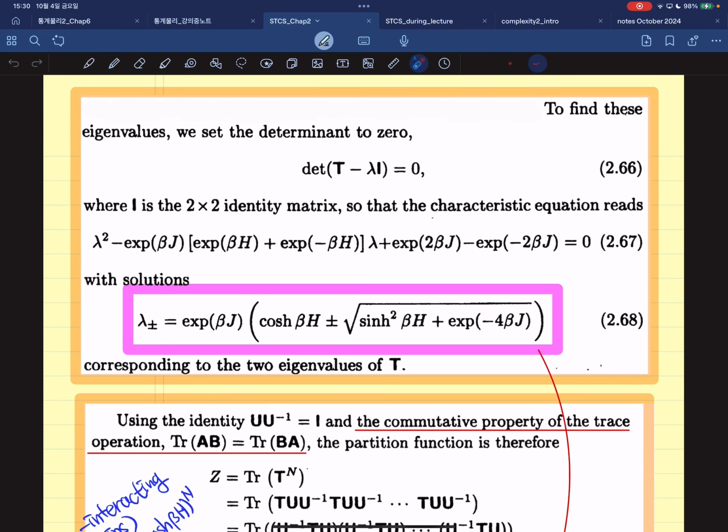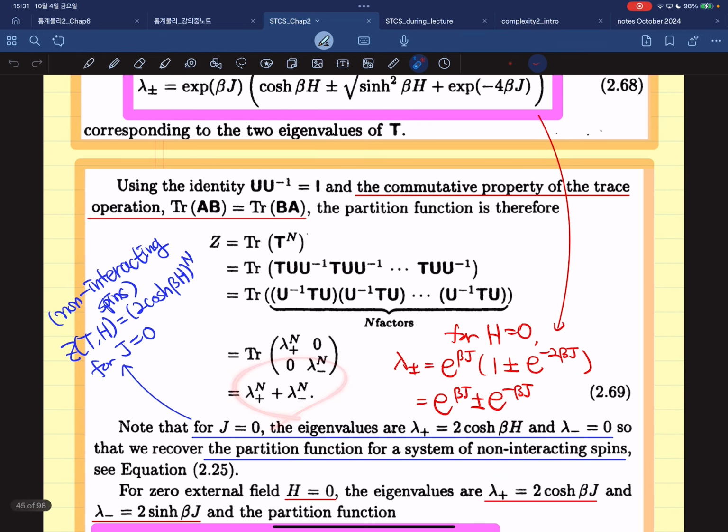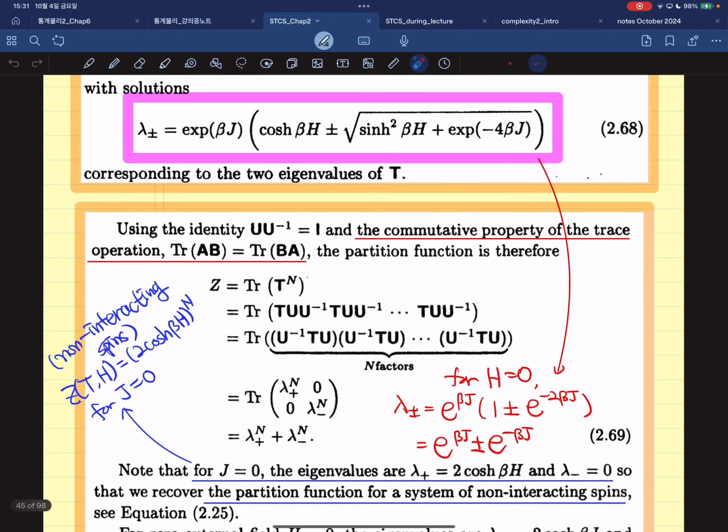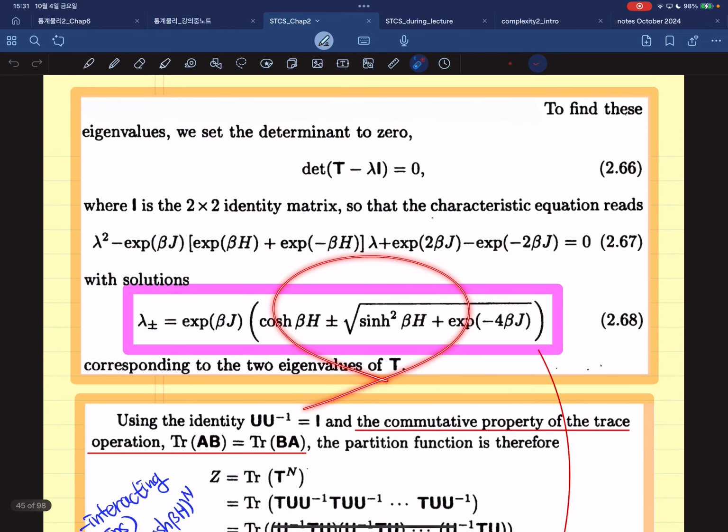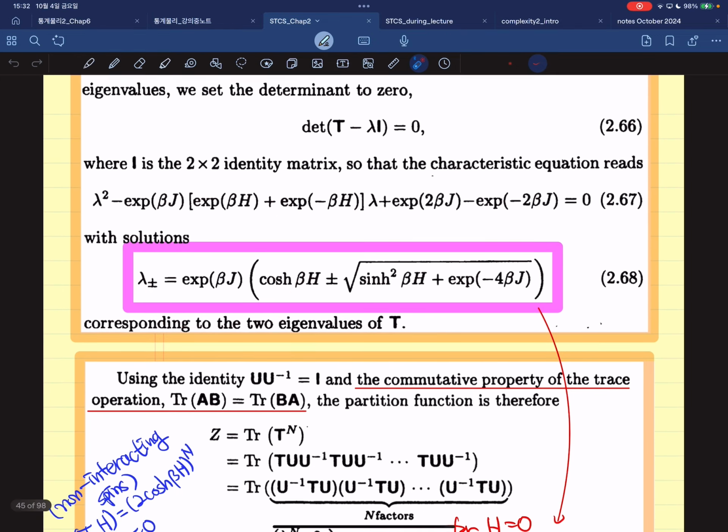The book kindly introduces how to calculate the eigenvalues by setting this determinant. Since this is a 2x2 matrix, you have this quadratic equation, and according to the formula you learned in middle school, you have this solution. Rather complicated form, but now you have this solution.